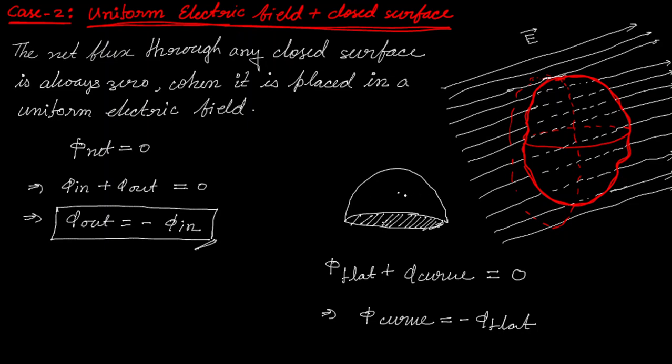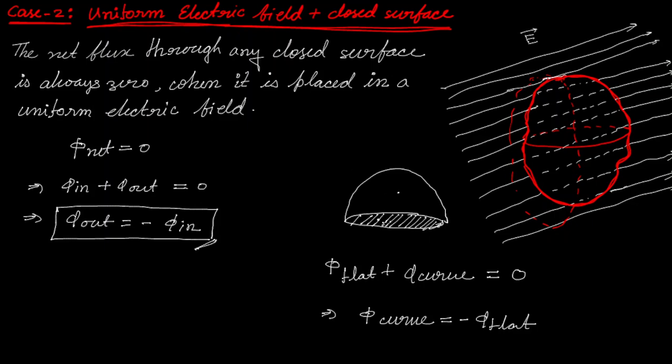Though the electric field is uniform, this area is a curved surface. So at different points the electric field and area vectors will make different angles with each other. Because of that, we cannot write the total flux as the field times the total area. It will be different. We have to do the surface integral.